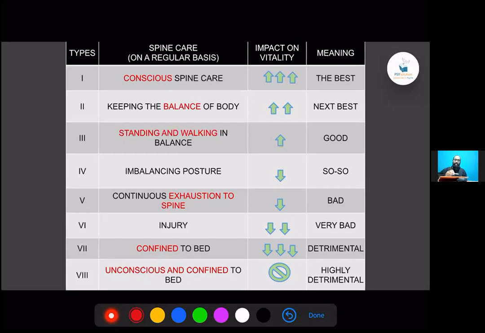So conscious spine care means occasionally dipping ourselves inside the water consciously and periodically. That is the hydrotherapy I talked about while discussing the water. So if we can dip ourselves inside the water, if we can have swimming as one option in life, or otherwise if we can dip ourselves in the spinal bathtub or a normal bathtub, maybe periodically, weekly once, or once in 15 days.